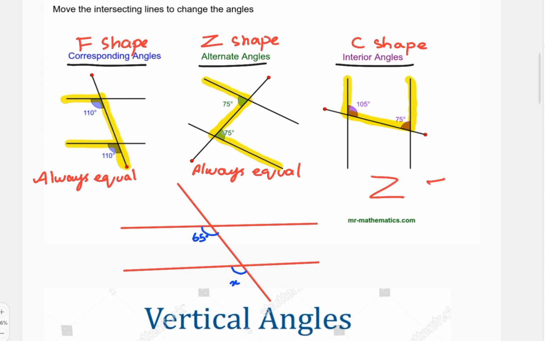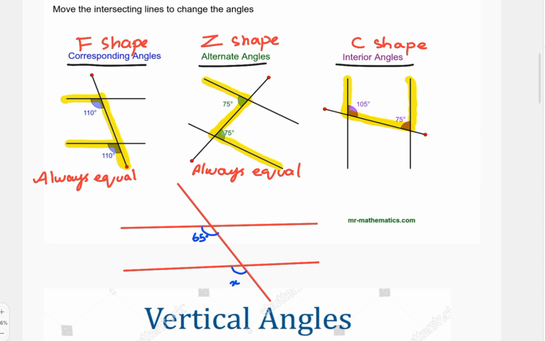This is a Z. This is a Z. This is a Z. And the other way around. This is a Z. So these are alternate angles. The C shape are interior angles. The F shape are corresponding angles. So you just need to remember the shape and you would know what angle they are.